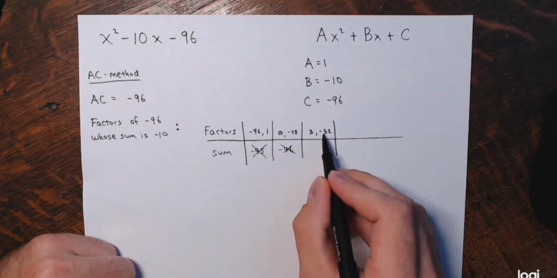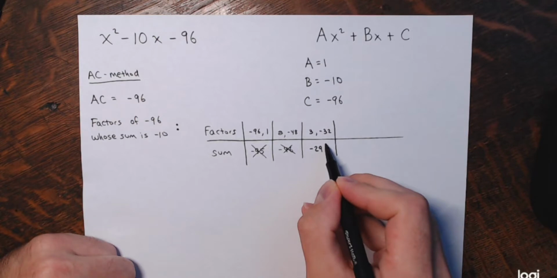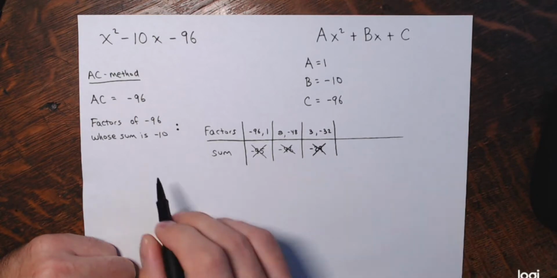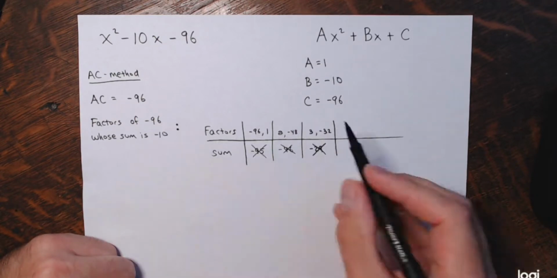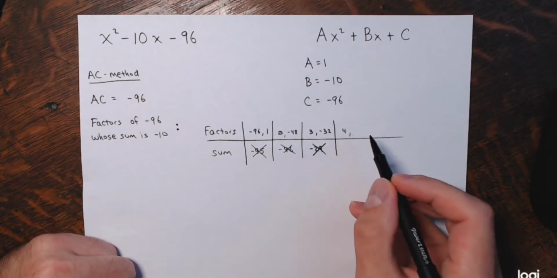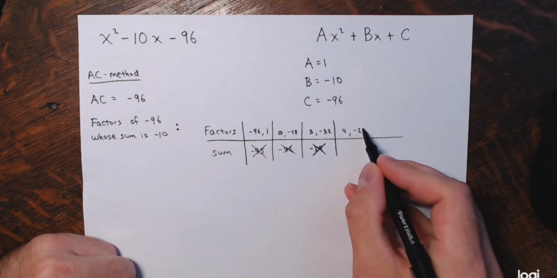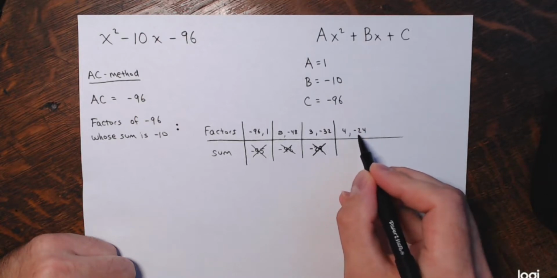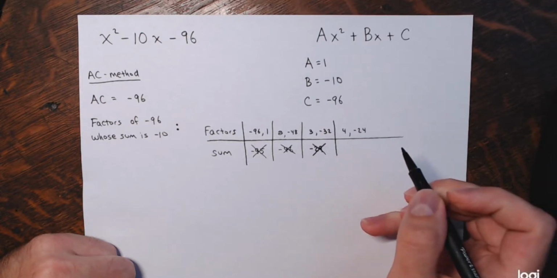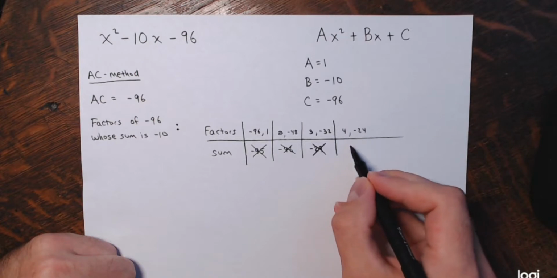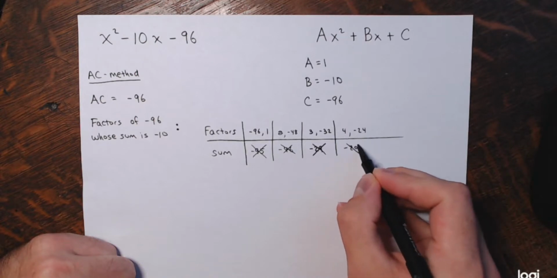These add up to negative 29, which is still no good, right? It's not negative 10. 4 goes into this evenly, right? And this is 4 times negative 24. Yeah, that'd be negative 96 when you multiply those. These add up to negative 20. Still no good.